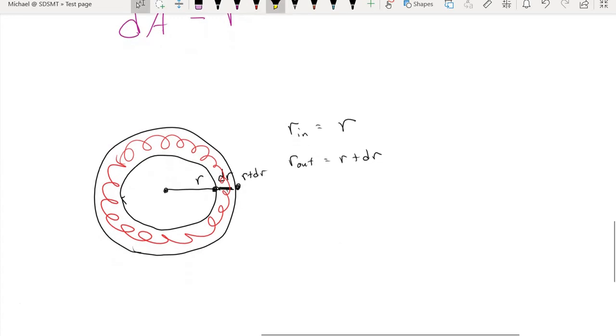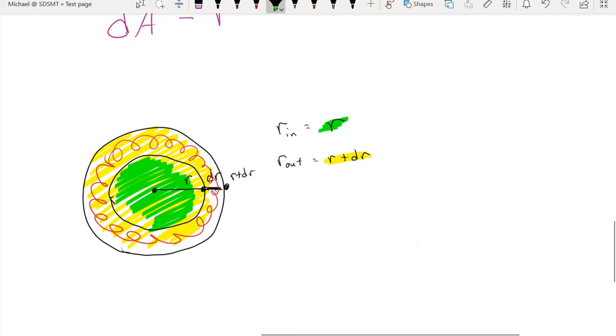Well, if I were to find the surface area that is described by the full outer circle, which is r plus dr, and then subtract the area that is defined by the inner radius, which is just r, then the difference of those two would be the area of the ring segment.